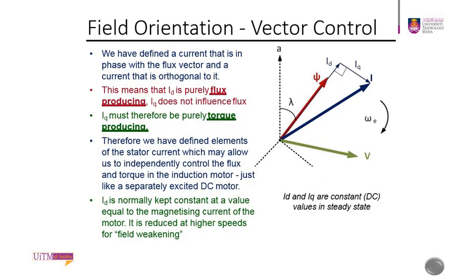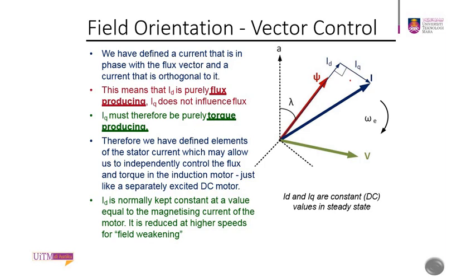And we have defined a current that is in phase with the flux vector and a current that is orthogonal to it. This means that ID is purely flux producing, and IQ does not influence the flux. So IQ must therefore be purely torque producing.